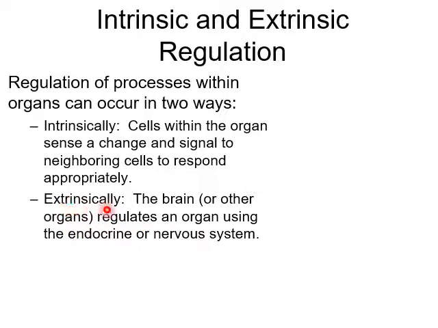So extrinsic control occurs over longer distances. Control can happen from the brain all the way down. The brain can control factors that are taking place in the toe. So typically for extrinsic control, we utilize the endocrine or nervous system to control the activities of the cells of organs throughout the body.